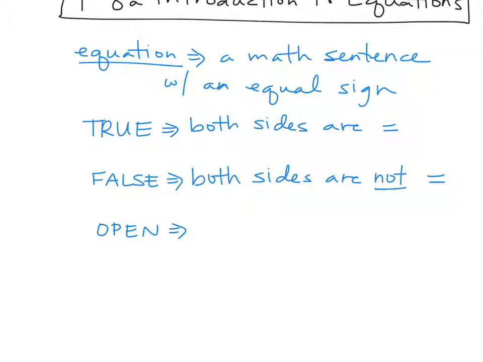Okay, and then there's what's called an open equation, and it's open because we don't know if it's equal or not at this point.